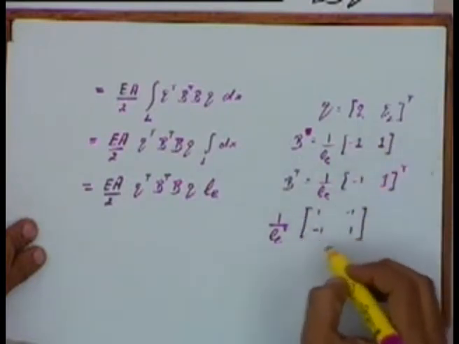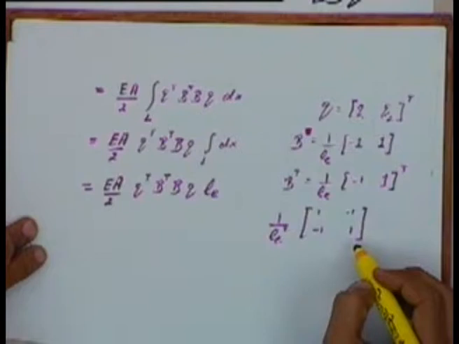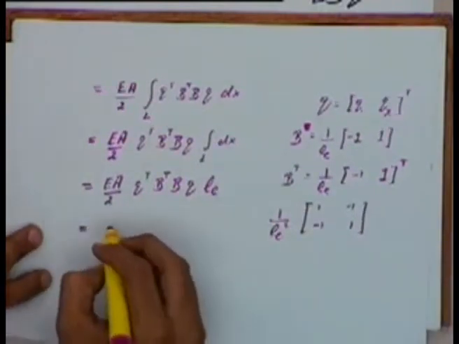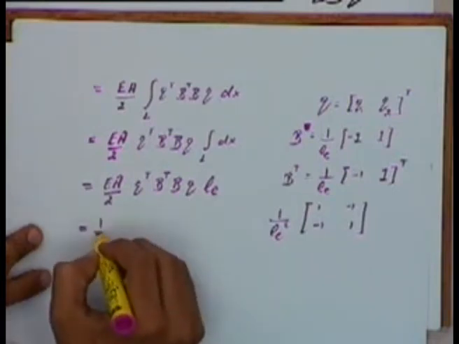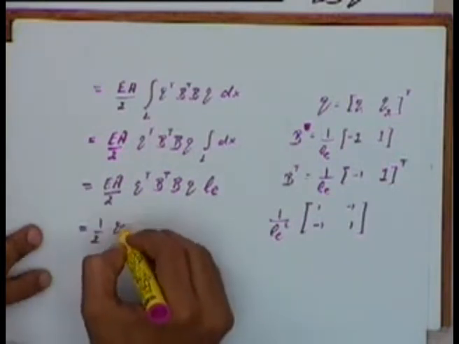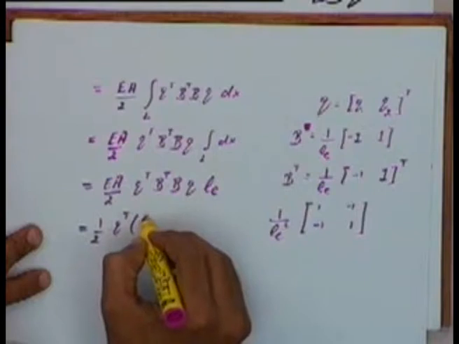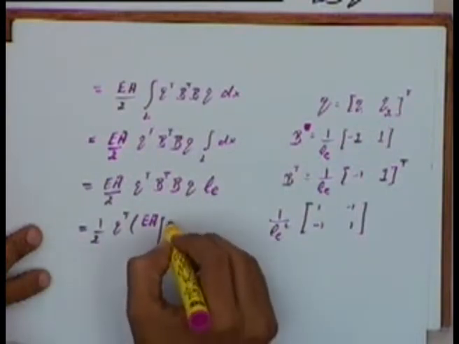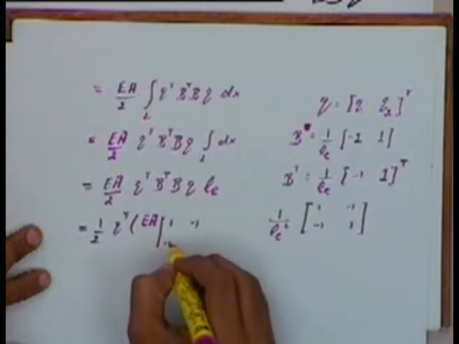If I multiply the two, I'll get a 2 by 2 matrix. So if I put this back over here, this is equal to half of Q transpose into EA multiplied by 1 minus 1 minus 1 1.